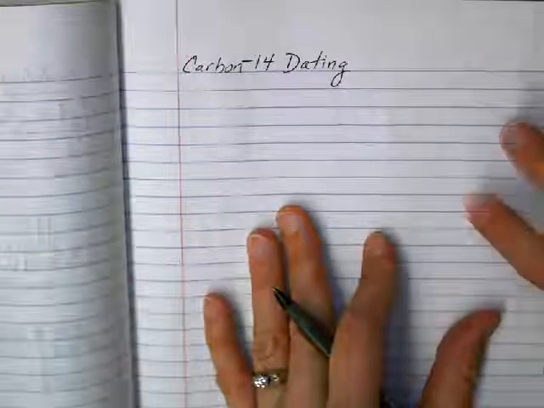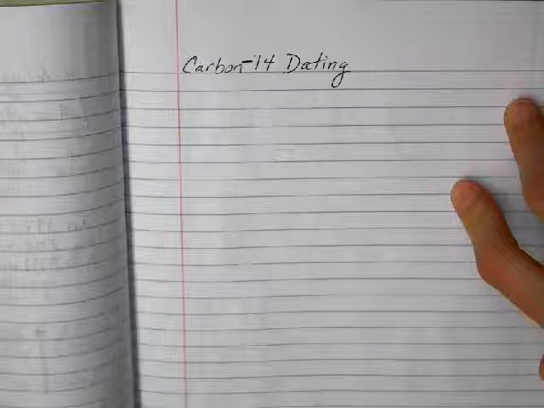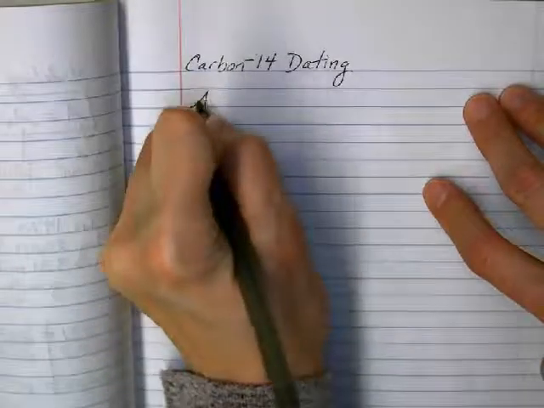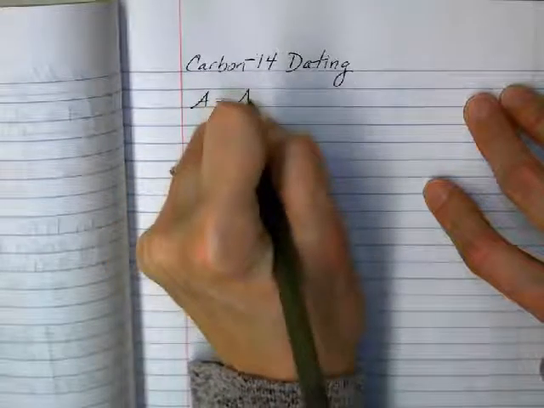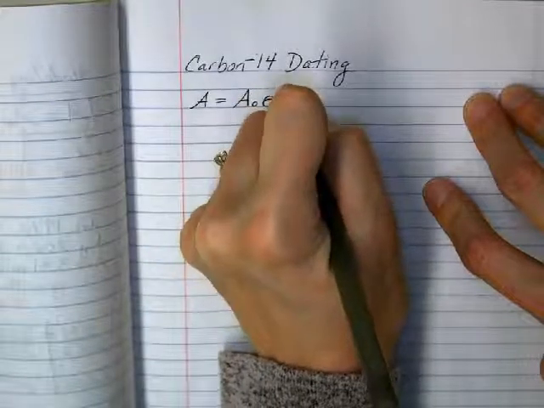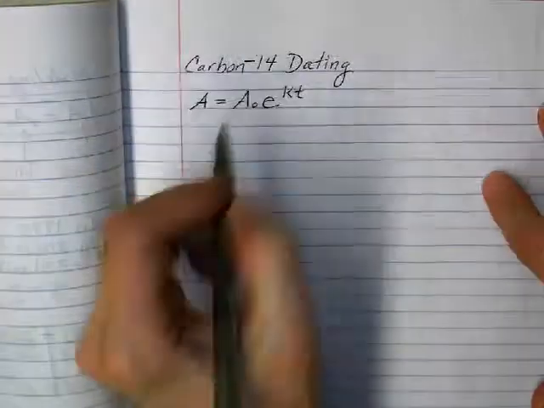So, again, we're going to use that same formula. A equals A sub 0, e to the kt power. Same formula again. And then they'll give you some kind of story problem.